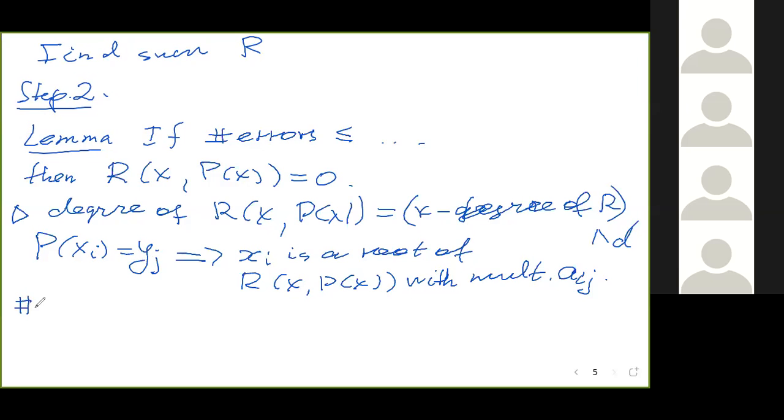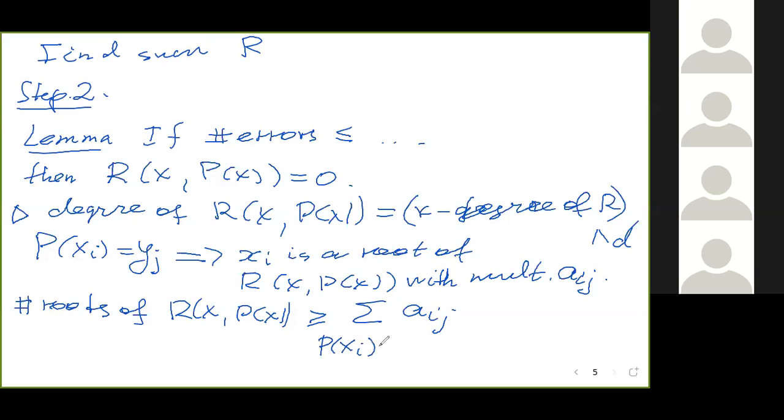The number of roots of R(x, p(x)) is then at least the sum of all aij such that p(xi) equals yj. This follows from the previous line. So we need to count how much is that number.